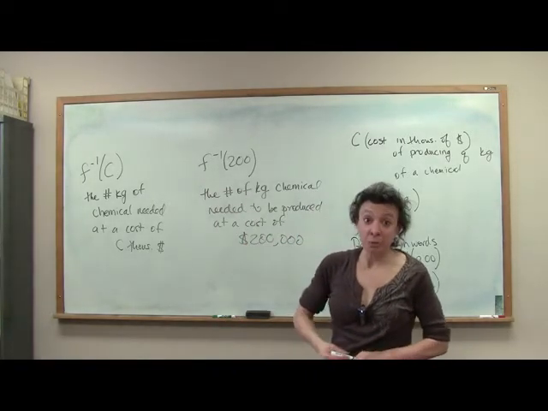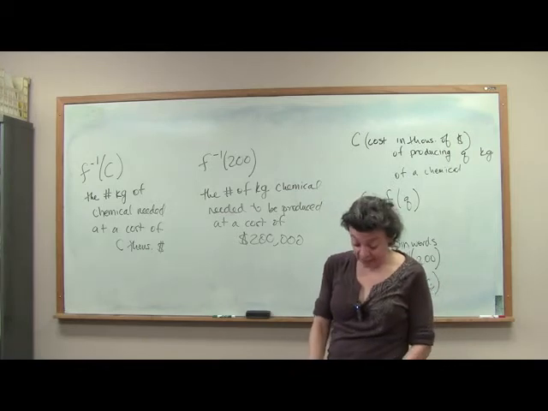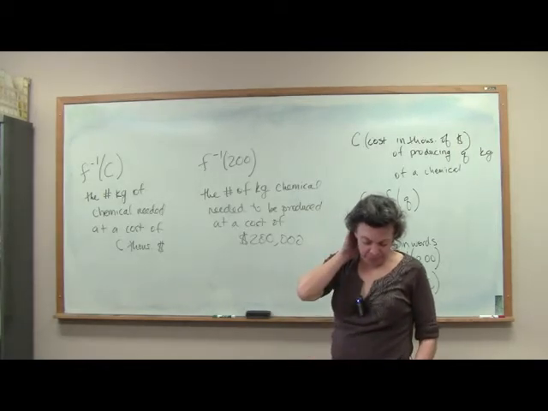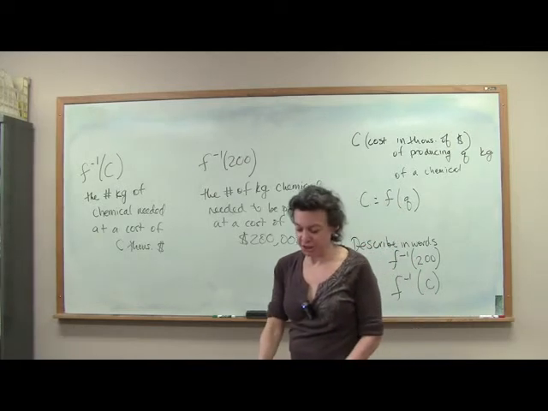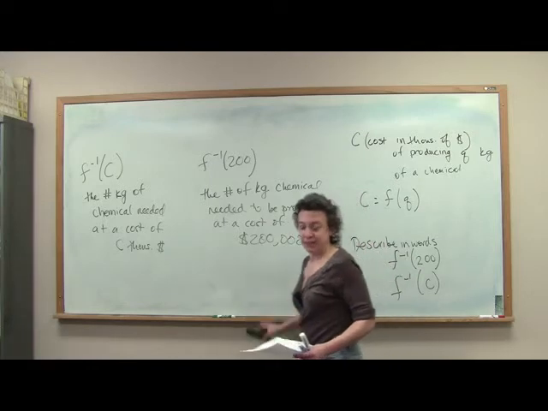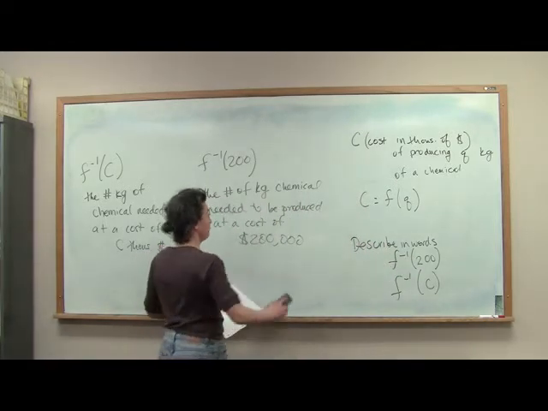Okay, we will practice this more because I definitely get that this is kind of a funny little idea. There's one more example I would like to do. It's not a word problem, it's just a graph, and then that will conclude this section.